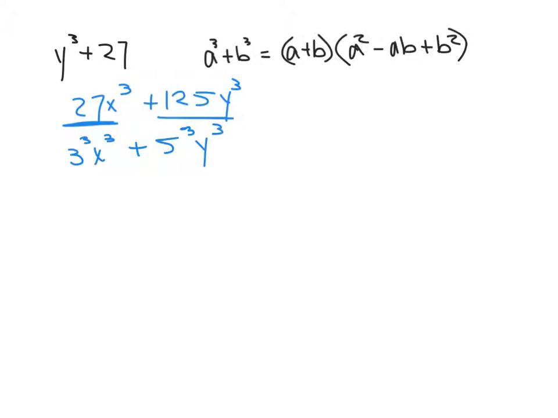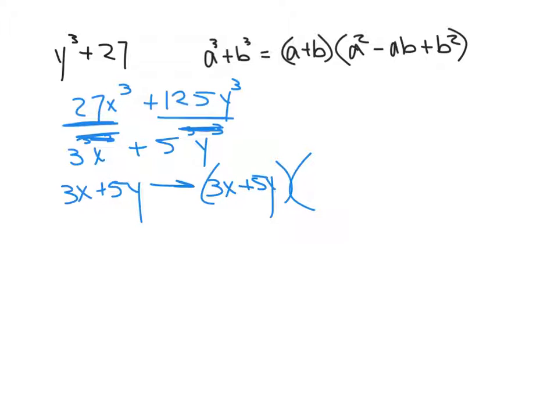Okay, so now that it's written that way, I get rid of my cube signs. I mean, they're really still there, but for solving these, you don't even need them. Alright, so let's look and see what we have. First number plus second number. First number squared: 3x squared would be 3x times 3x, which is 9x squared.